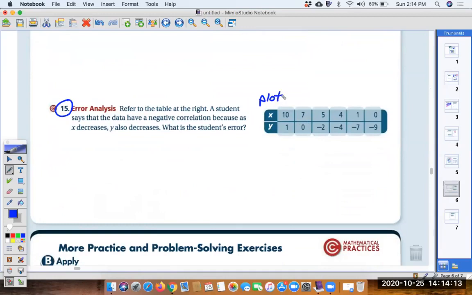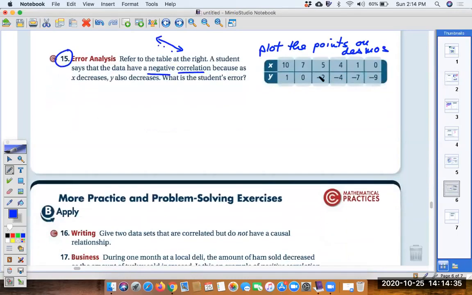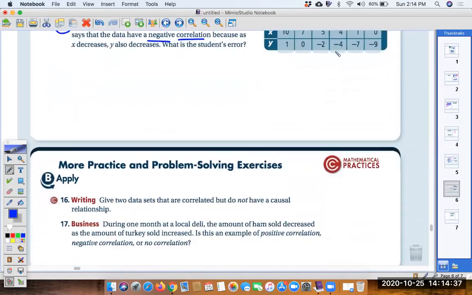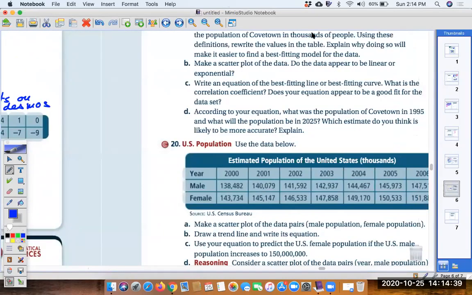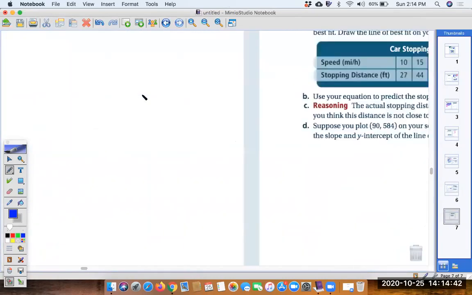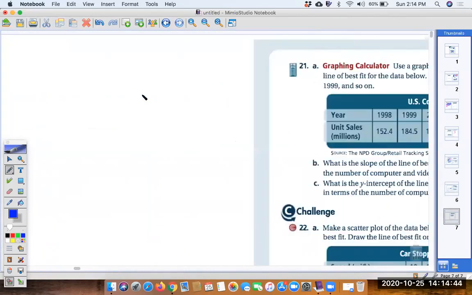The student says the data is negative, so he says it's going downhill, the scatter plot. If you see it, great, what's going on? If not, plot them.